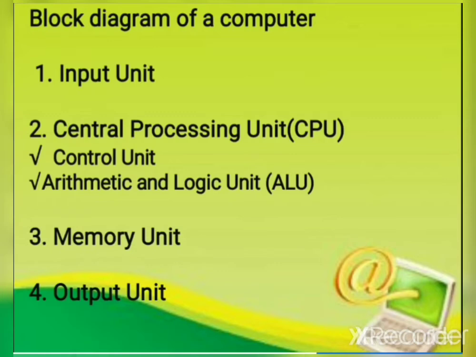In the central processing unit, we have 2 subunits, the control unit, also known as CU, and the arithmetic logic unit, ALU. So ALU means arithmetic logic unit, CU is control unit, CPU is central processing unit.